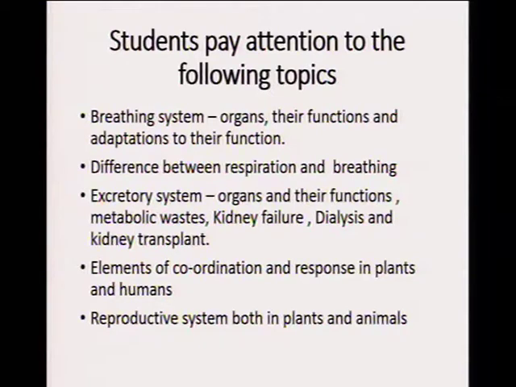Another topic is the reproductive system, both in plants and in animals. The reproductive system in plants, we are referring to the parts that make it up. You need to know their parts, and remember, the organ where reproduction occurs in plants is the flower, where you have the different parts such as the anther, the stigma, the ovary, the ovule, the style.